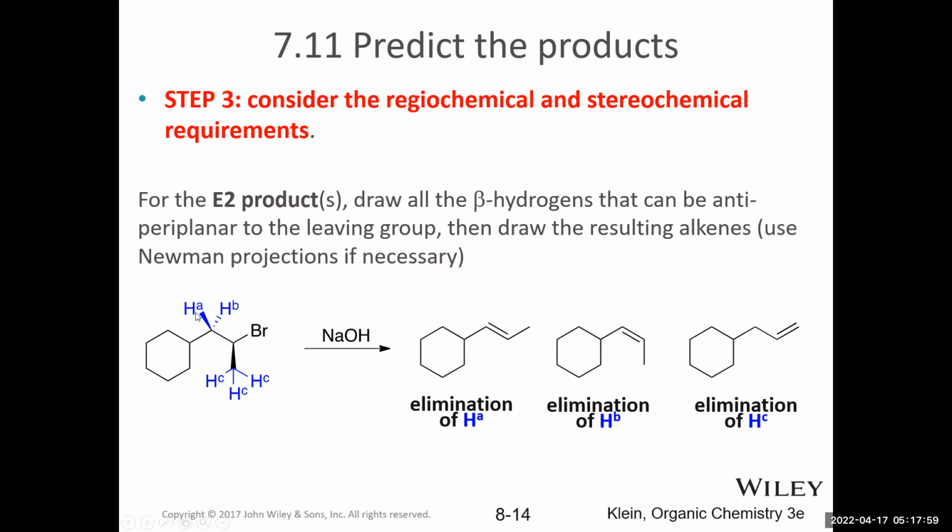We could potentially remove either HA or HB, and those would give us the two different Zaitsev elimination products. And because it's anti-periplanar to the leaving group, we'll end up with both the E and Z isomers. Recall that E is always favored because it's more stable and less sterically hindered, and it will be possible to form because there are two hydrogens here, not just one.